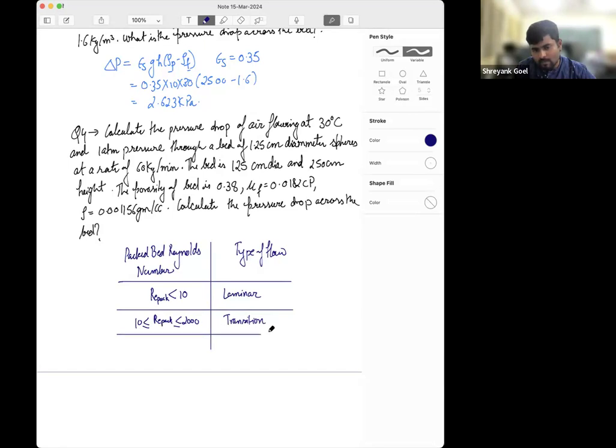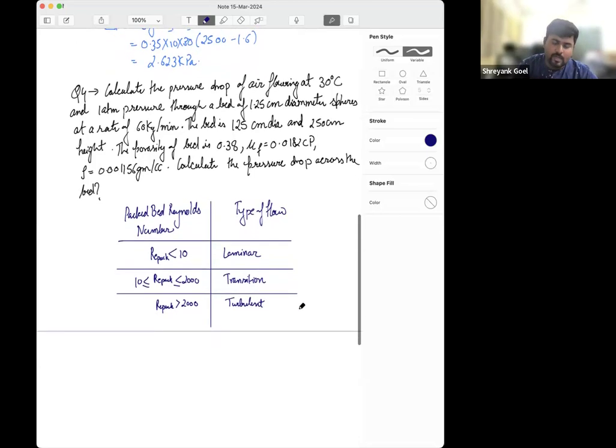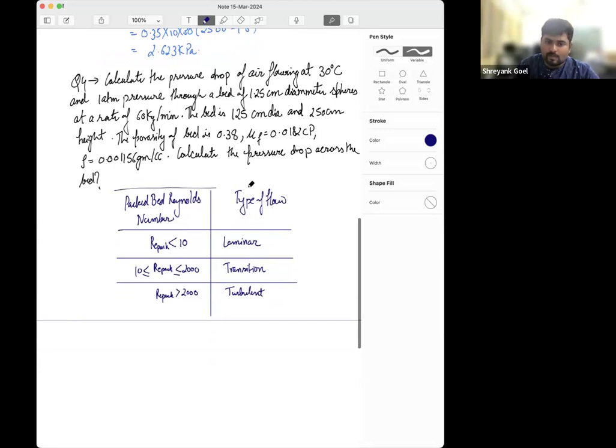And if it is greater than 2000, then it is turbulent. Okay.